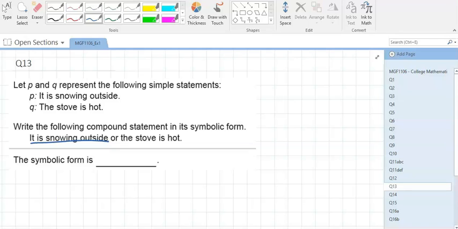Who is that? P. Or, what does that look like? It looks like a V. Absolutely. The stove is hot. Who is that? Q. And that's what they want: P V Q. So you're just taking the statement they give you and turning it into symbols.